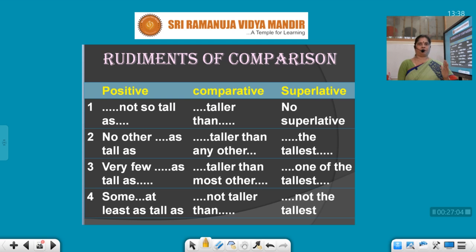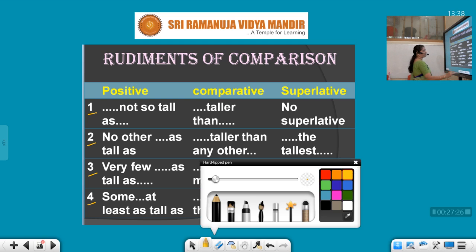So this is the rule. Now, the various 4 levels I have here, 1, 2, 3, 4. The 4 levels, how you're going to frame them, we are going to see. Now the first one, not so tall as.